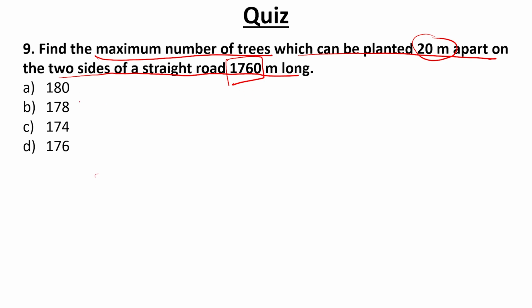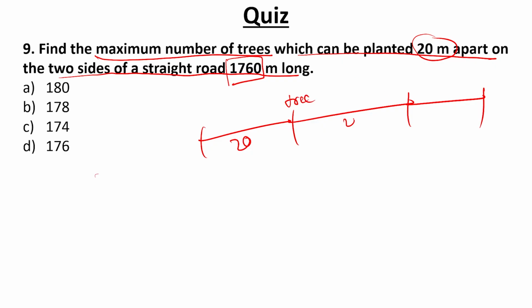For every 20 meters apart, there will be a tree. So let's say this is one interval, this is one interval, 20 meters there is a tree, 20 meters and there is another tree, like that up to 1760 meters.